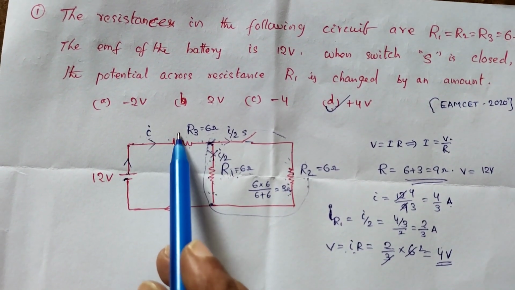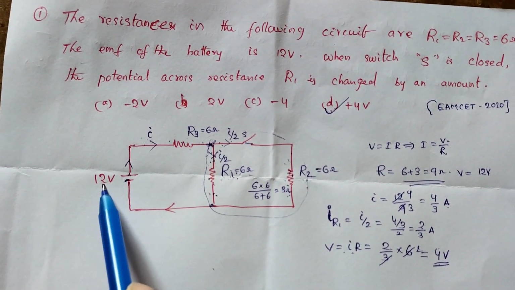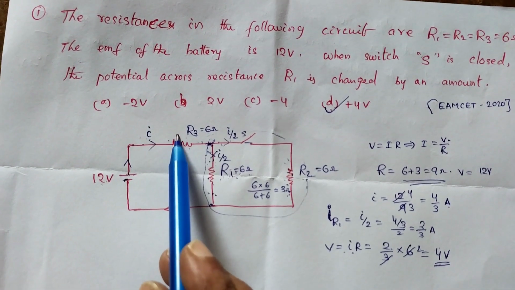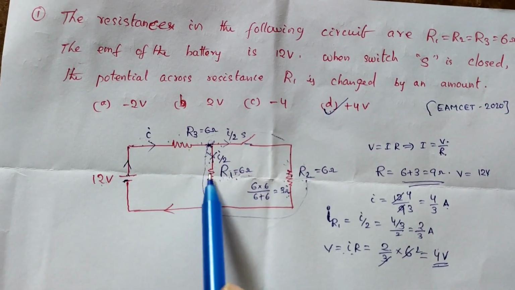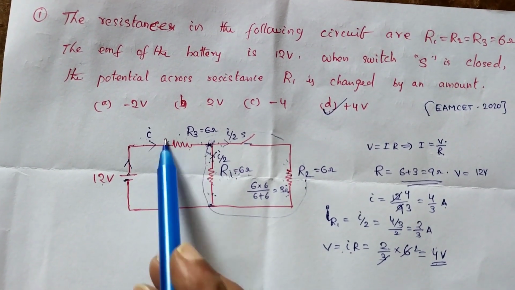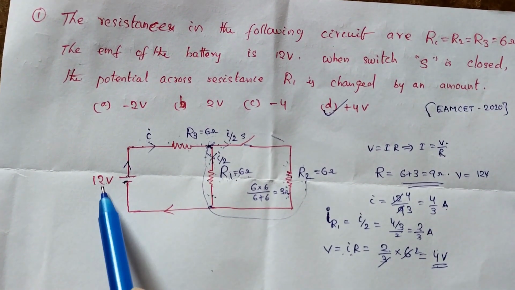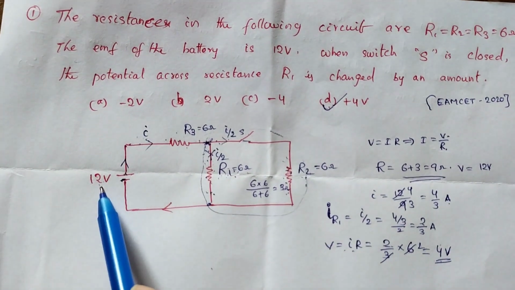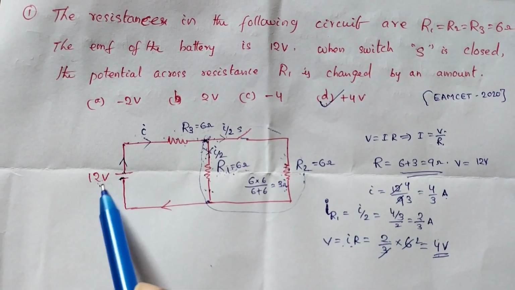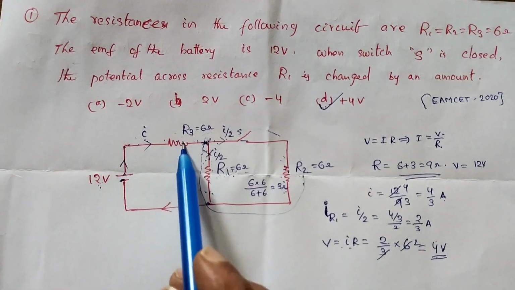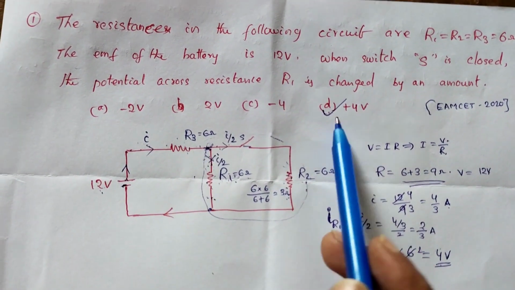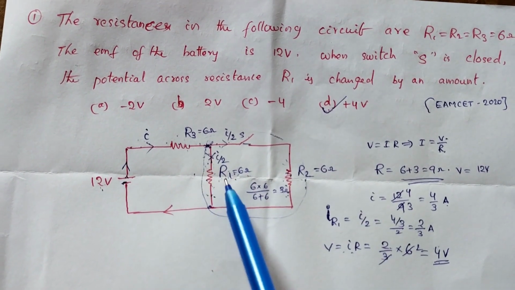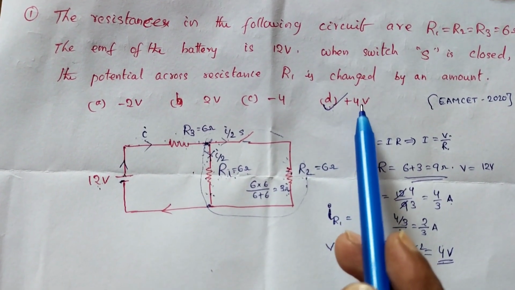That means V plus 4 is equal to 12, so it will be 8 volts. Whenever it is 8 volts and 4 volts, the sum of these two will be equal to 12 volts, so it is tallied. It is not asked in this problem, but if it is asked, you should be ready to do this also. So here the potential difference across R1 is 4 volts. That is the answer. Thank you.